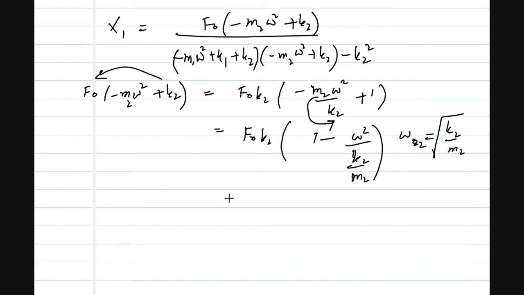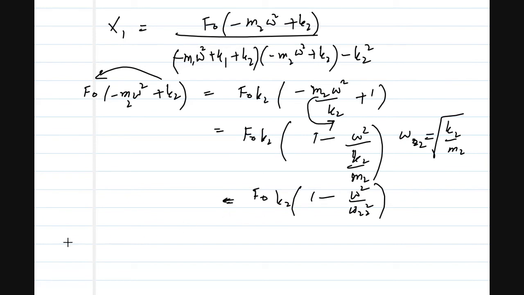So replacing this term, we now get f naught k2 into 1 minus omega square over omega 22 square. Omega is the forcing frequency coming from an external source, like an earthquake, wind, unbalance or misalignment, and omega 22 is the individual natural frequency of the absorber spring and mass. Clear? Individual means you remove it from the main mass and then measure its natural frequency, omega 22. This is the answer of the numerator.